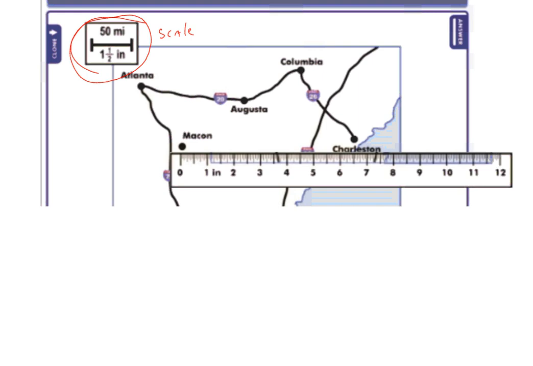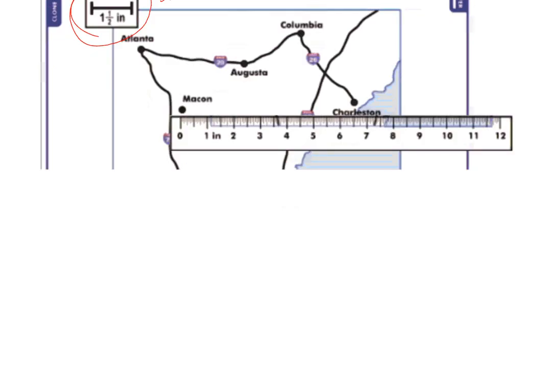So if we took a ruler, we can figure out the distance between Macon, Georgia, and Charleston, South Carolina. And that's what we want to do. First thing I need you to do is determine how many inches on the ruler it is between Macon and Charleston.